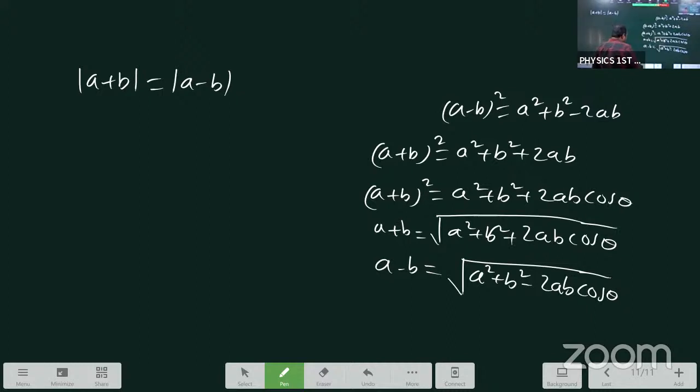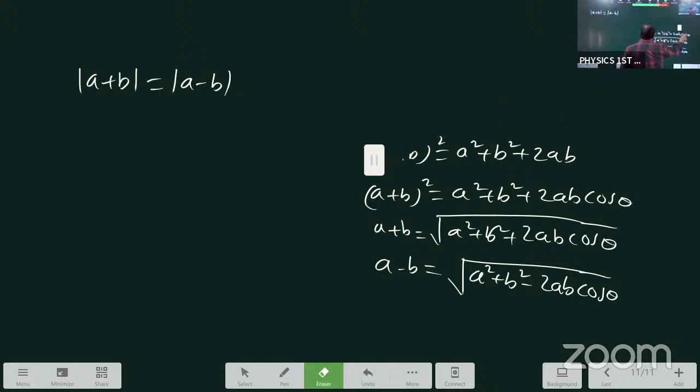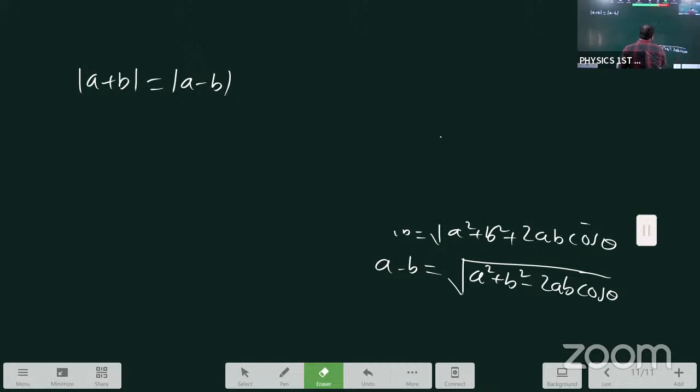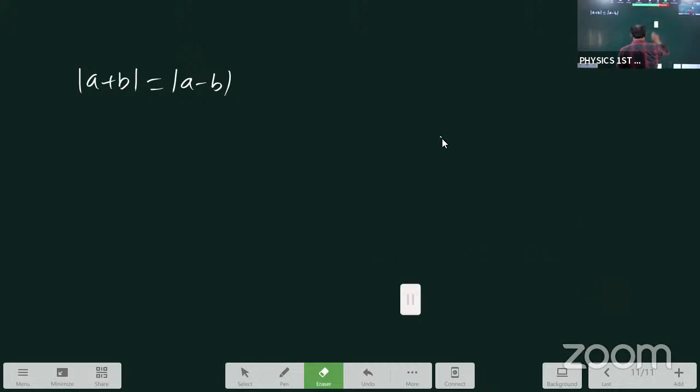So modulus of a plus b equals modulus of a minus b. What is the angle between a and b? You got this question recently in the annual examination, student. One more time, check, very easy problem.